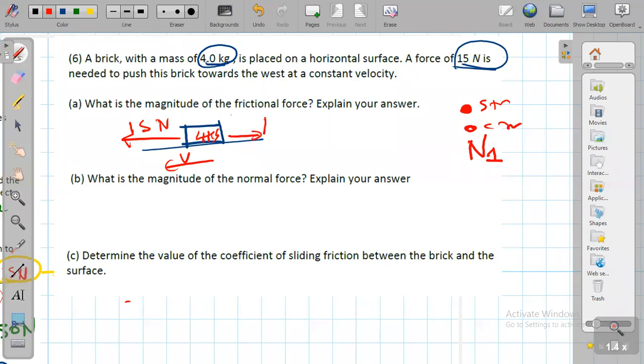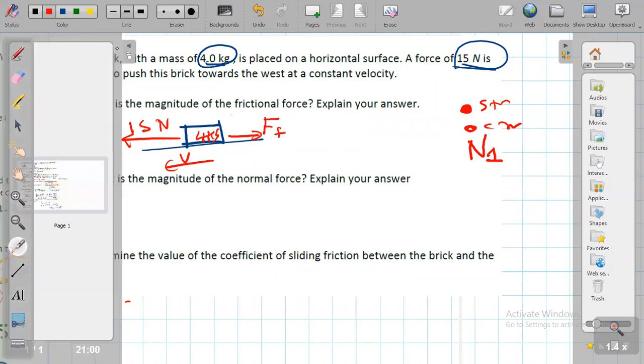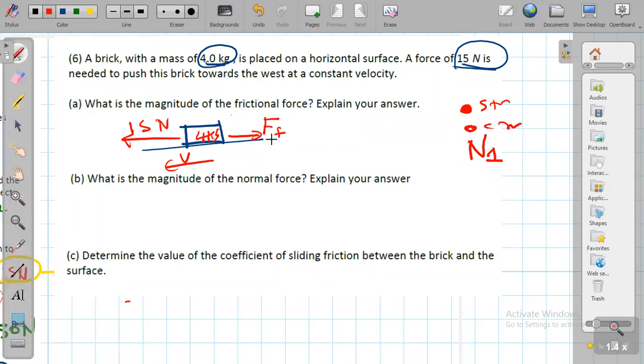It should balance this, so the frictional force is in the opposite direction. You put 15 Newton here, and it should balance the frictional force on the other side. So the frictional force is nothing other than 15 Newton. You have to understand the concept behind this.